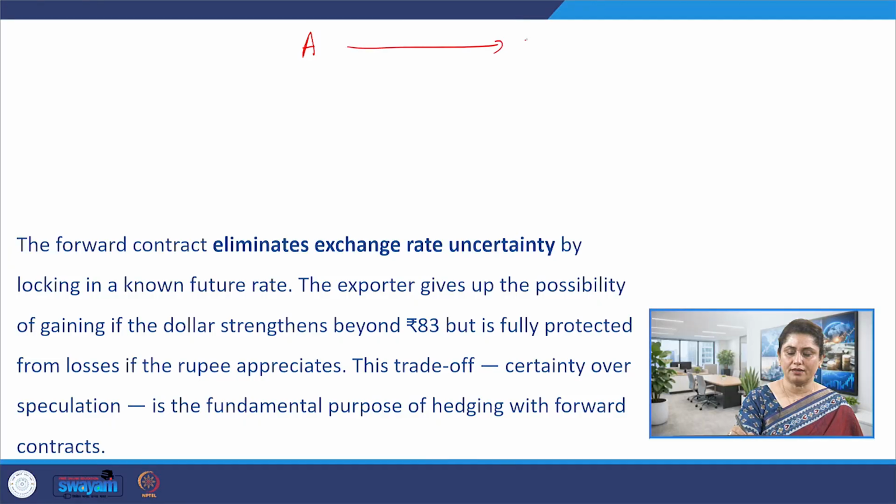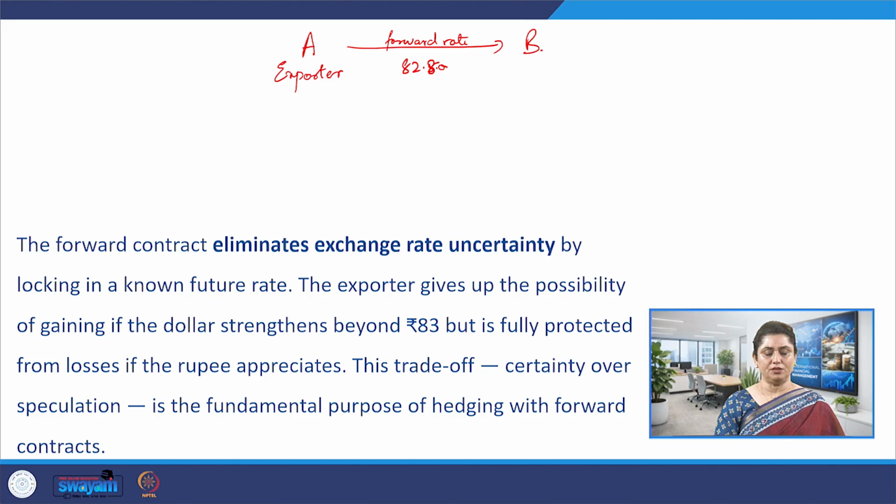But yes, there is also one thing that we need to understand. Suppose A enters into a contract with B, and A is the exporter. Here the exporter has entered into the forward contract, and this forward contract rate is 82.80.